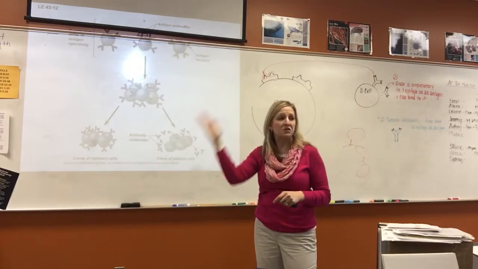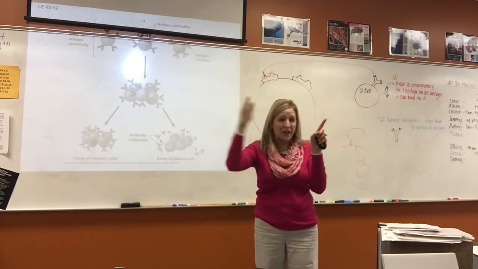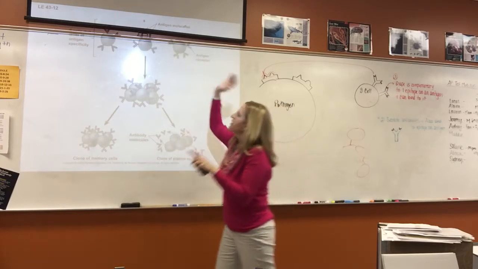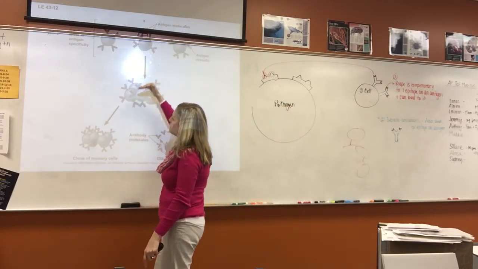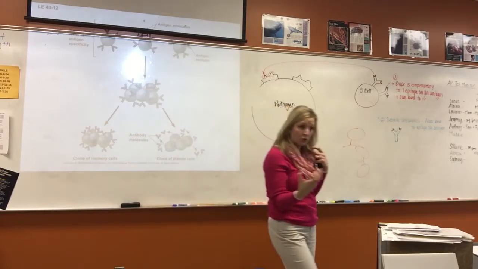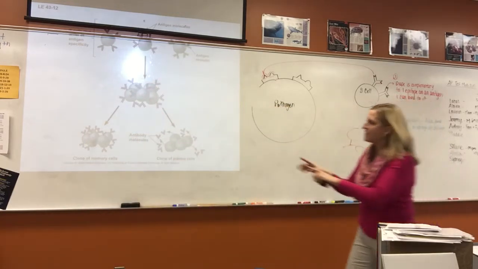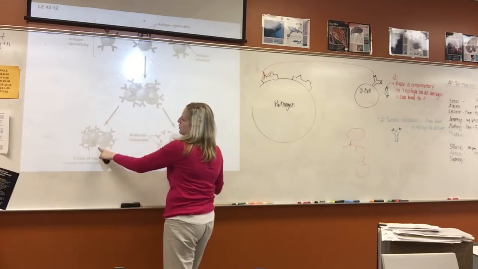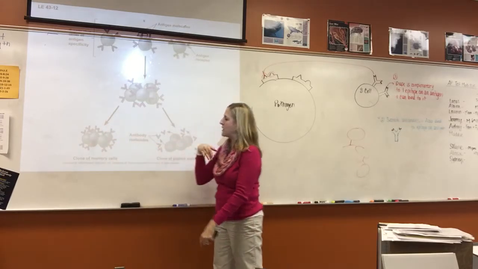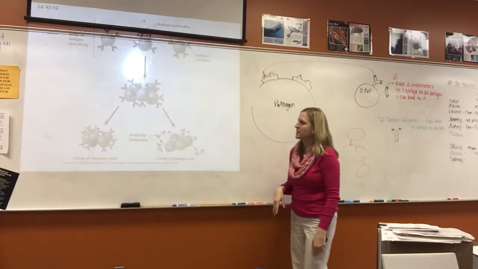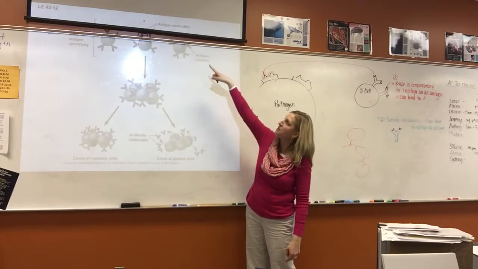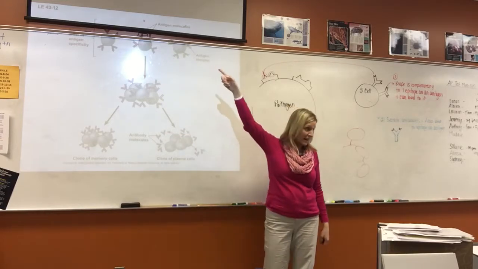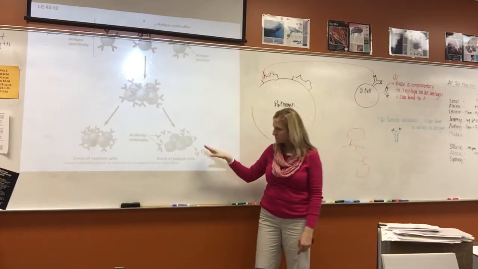Out of your thousands of different B cells, of which you only have a few of each type, you figure out which one is going to work against that antigen, and that triggers the B cells to make clones of themselves, so it divides, and then differentiates or specializes. Some of those become memory cells, some become plasma cells that secrete antibodies that will fight against that particular antigen and only that antigen, not another one.